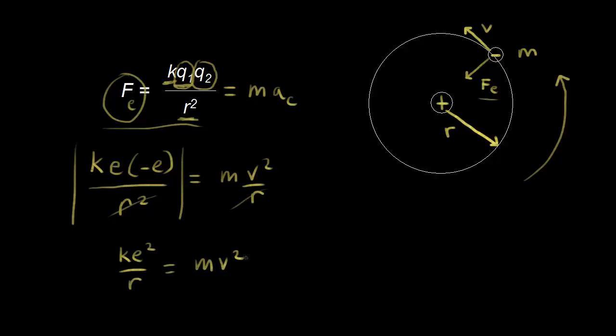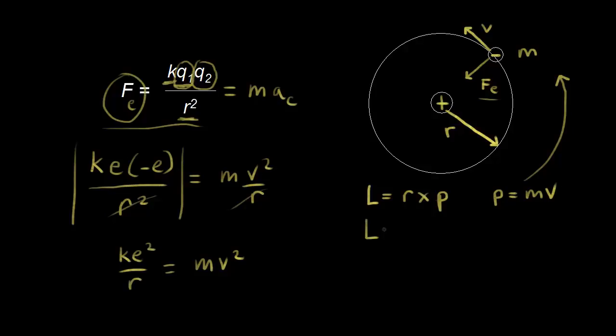Continuing with some more classical physics, next we're going to talk about angular momentum, which is a tricky concept. Angular momentum is capital L, and one equation for it is r cross p, where r is a vector and p is the linear momentum. Linear momentum is equal to the mass times the velocity. So we're talking about the linear momentum of the electron, so the mass of the electron times the velocity of the electron.